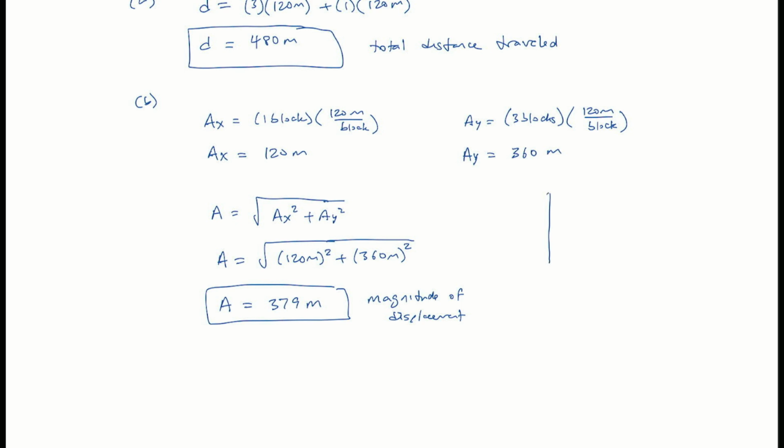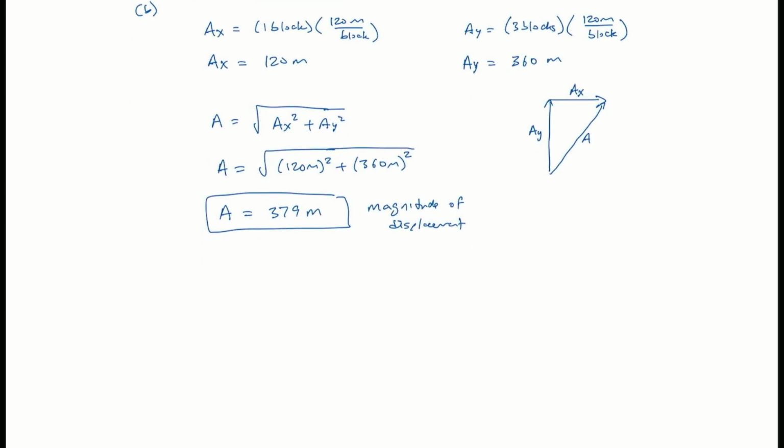So our right triangle looks like this. So that's our path A. There's our Ay, which is going north, and our Ax, which is going east. All right, now to find the direction of the displacement, we call it theta, and it's going to be the tan inverse of the Ay over the Ax.